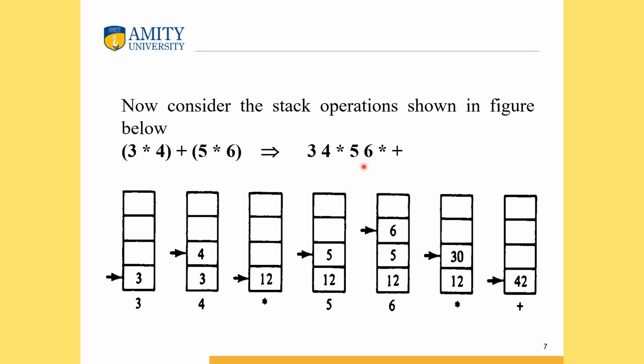We see 6, pushed again to the stack, and then multiplication of the top two elements. You cannot take the bottom one because the top two elements are used. So 6 into 5 gives us 30, and then we finally encounter the last operator, which is addition. Their summation gives us the final result, and hence this is how we can solve the expression using stacks and the reverse Polish notation.